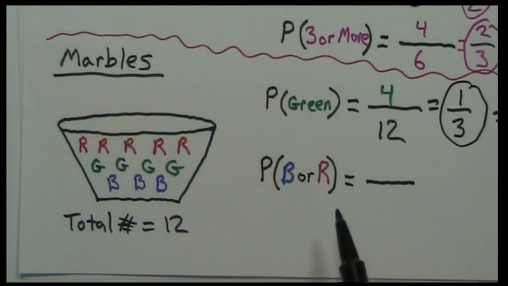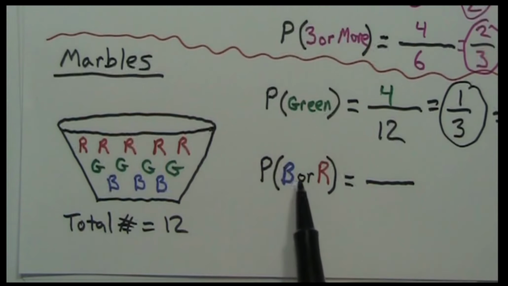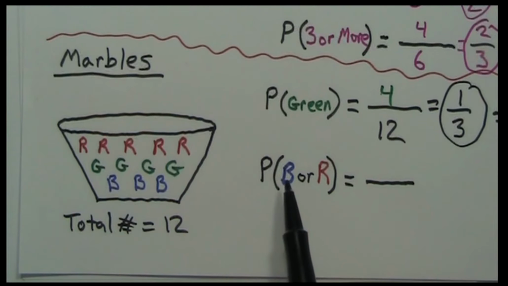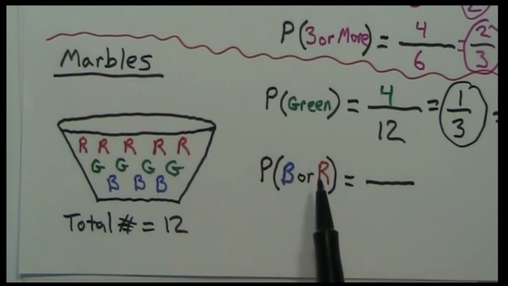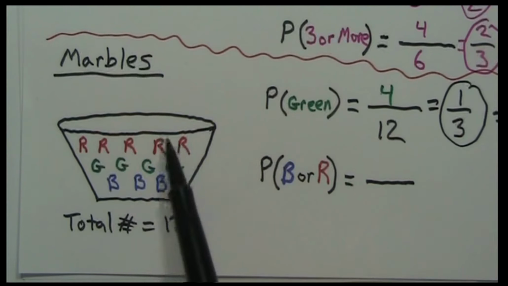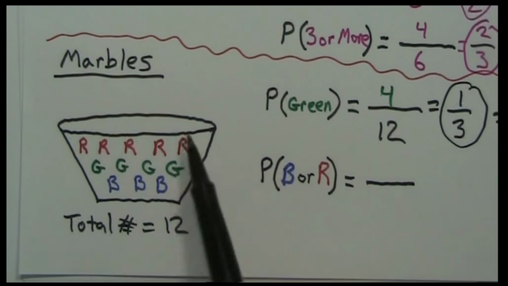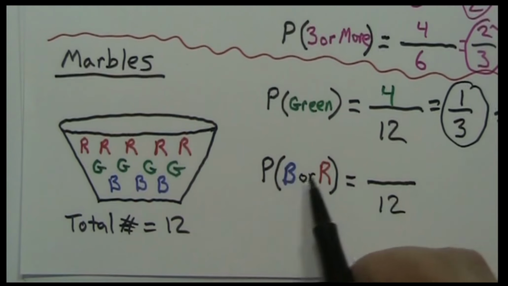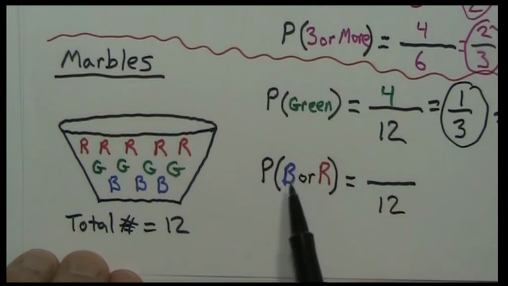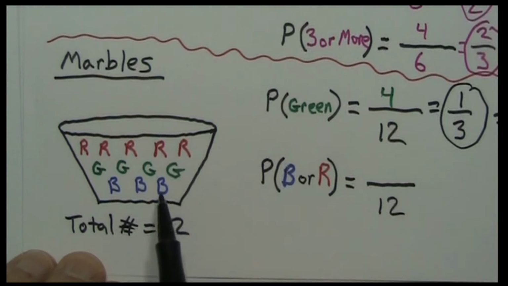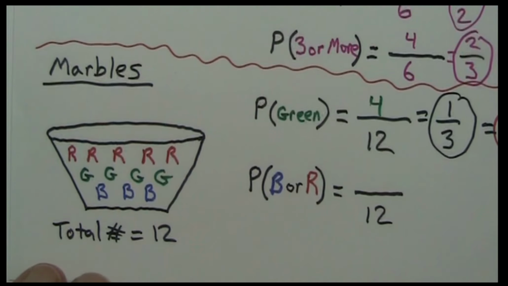Okay, let's do one last one. What's the probability of pulling out a blue or a red? Well, remember, my total is still 12. There's still 12 of them in there. How many blue or reds are there? You combine them together, because it could be blue or red. That means there's 1, 2, 3, 4, 5, 6, 7, 8. There's 8 blue or red.